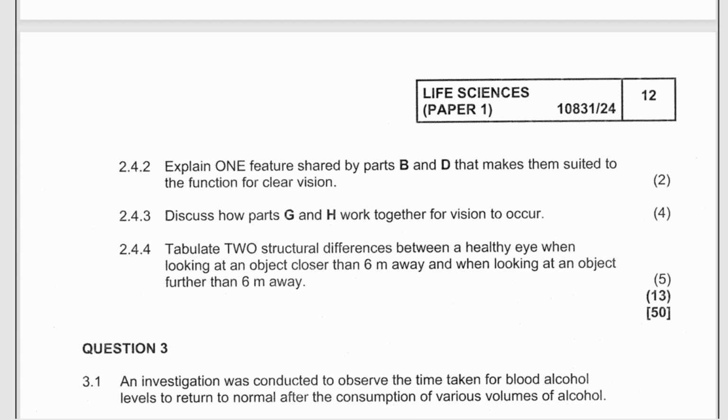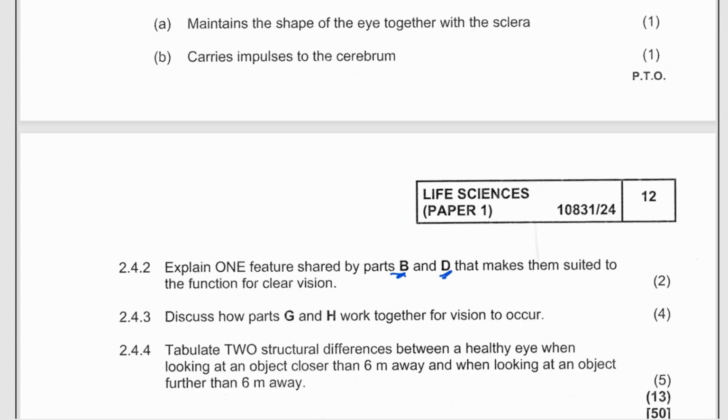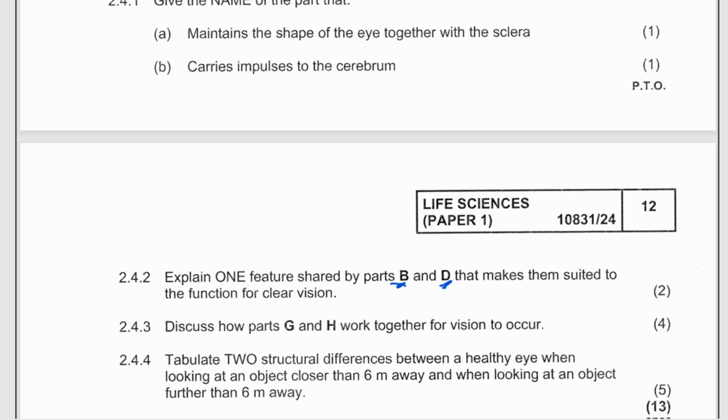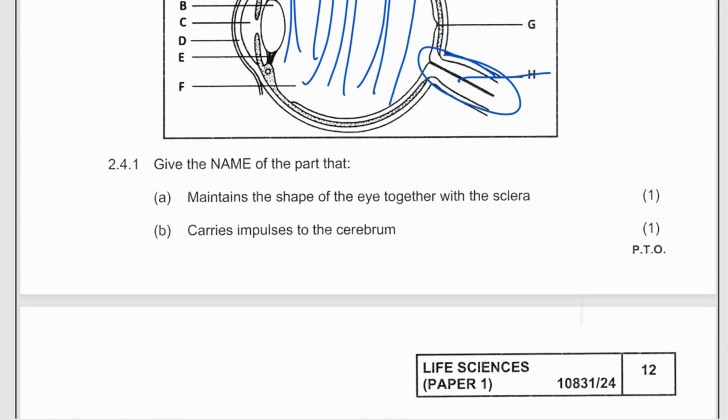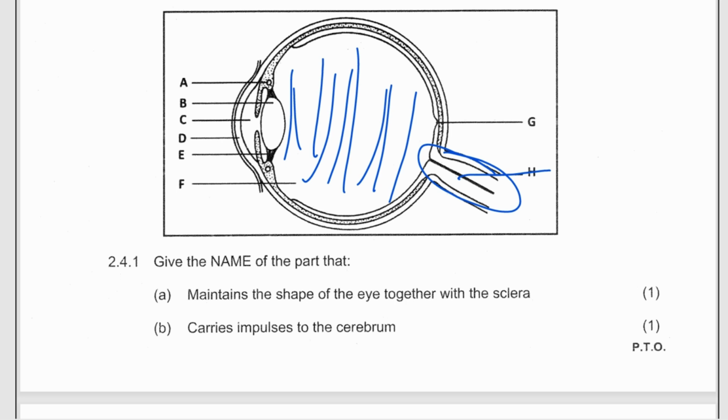Then they are saying name one feature shared by B and D. Where is B? B is the lens, and D is the cornea. Both of them are involved in refracting light, but they are asking for one feature.